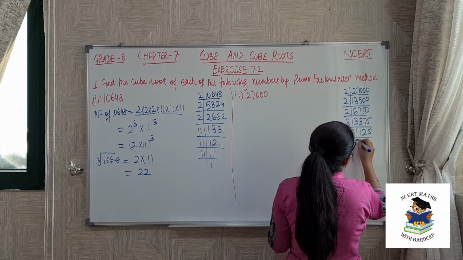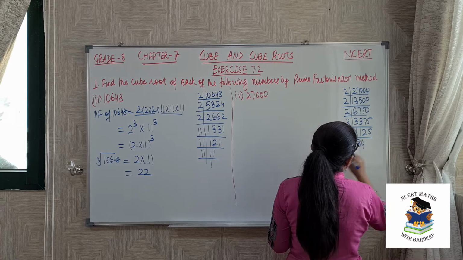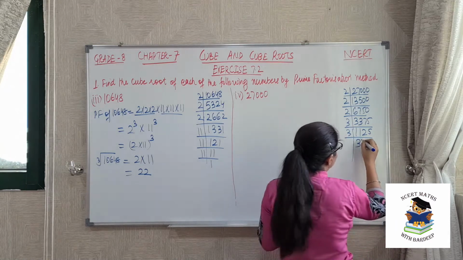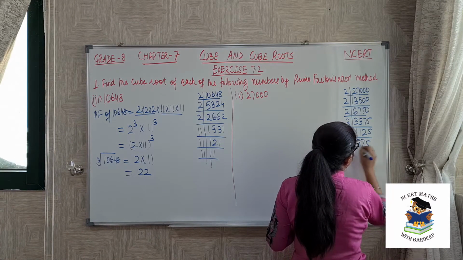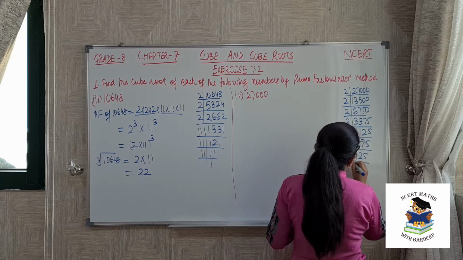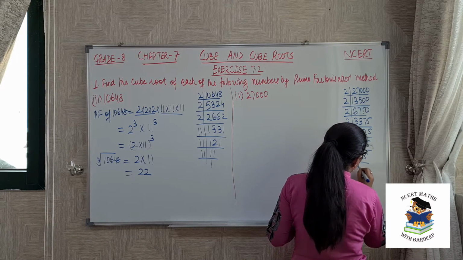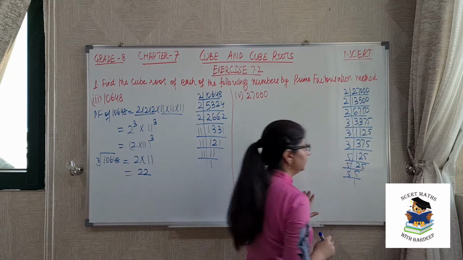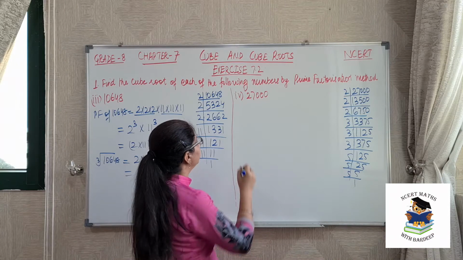Again in the table of 3, 3 3s are 9. So 3 7s are 21 and then 5. So again 3, 125. 125 will go in the table of 5. Okay, so these are the factors.